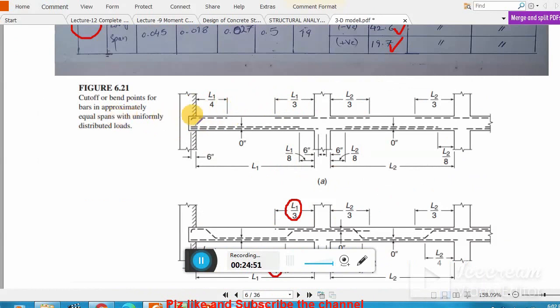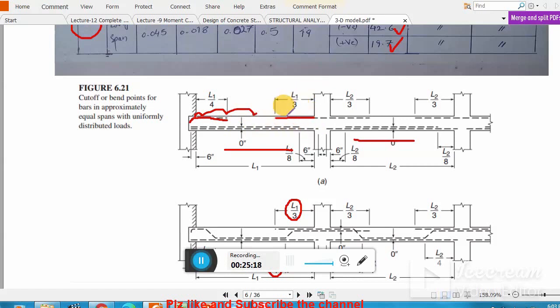Remember, the constraints are that your load should be uniformly distributed and your spans should be nearly equal. If you have point loads, if you have non-uniform loading, then these coefficients do not work, remember. So in that case you have to calculate the actual cut-up points, the actual bent up points and these bent up bars.